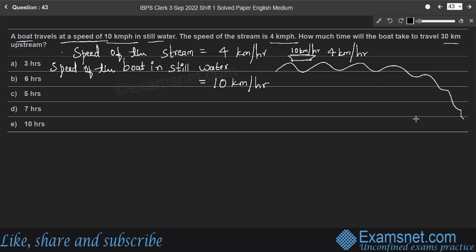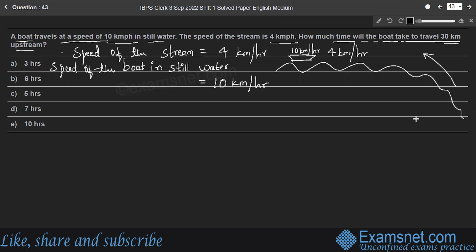It is given that the boat travels 30 km distance upstream. What is upstream here? Motion in the opposite direction of the stream is called upstream motion. So if the boat travels 30 km upstream, how much time will it take?